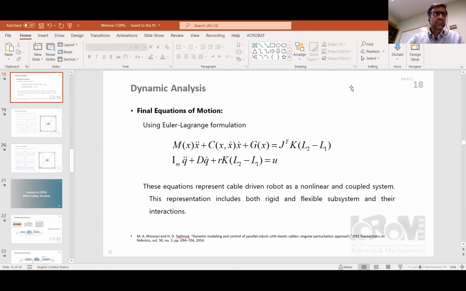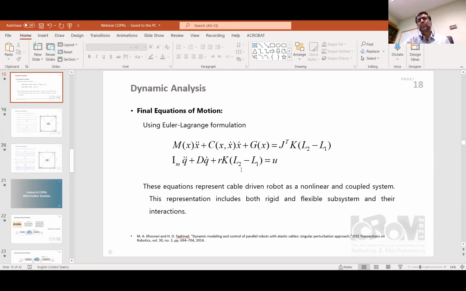Very nice question. As I said before, there are many models for the cable based on the application. We developed a massless elastic model for the cable, and as you see, this model can be transformed to singular perturbation form.